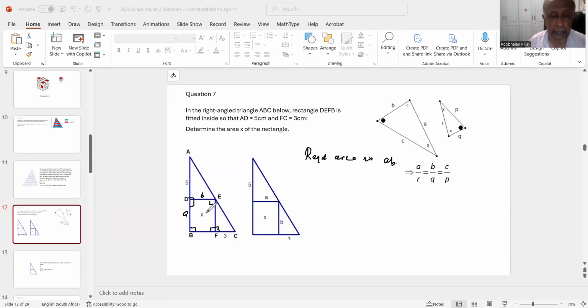Okay, I'm saying this length is A, and that length is B, and the area of a rectangle is length times breadth. So we need to find what A times B is. Now I've drawn something here. I want to explain what I've said here. I've got two triangles which have got the same angles.